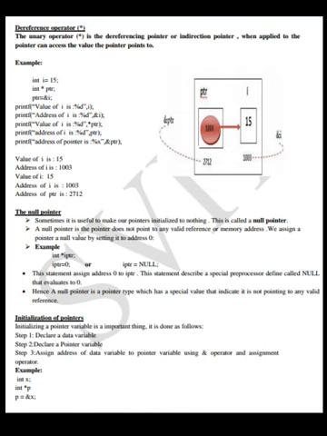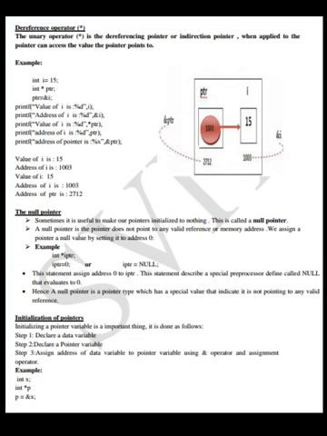This statement uses a special preprocessor define called NULL that evaluates to 0. Hence, a null pointer is a pointer type which has a special value that indicates it is not pointing to any valid reference.